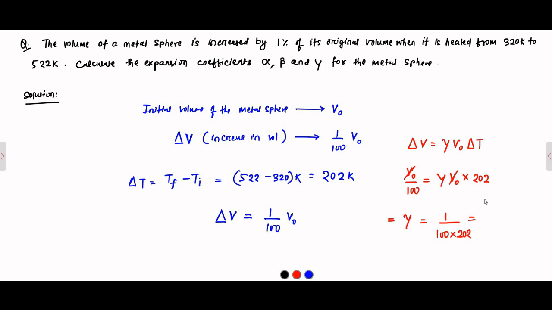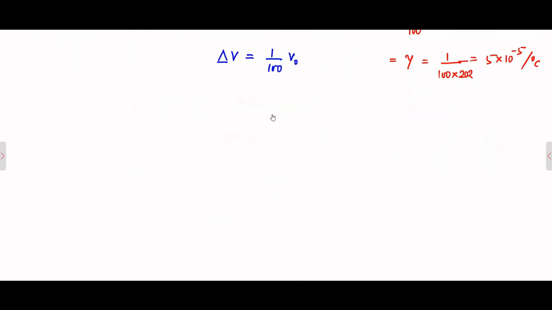If we round it off, it is 5 into 10 to the power minus 5 per degree Celsius. So we have calculated the volume expansion coefficient gamma. Now we'll use the interrelationship between the thermal expansion coefficients. Here we have calculated gamma, which is equal to 5 into 10 to the power minus 5.